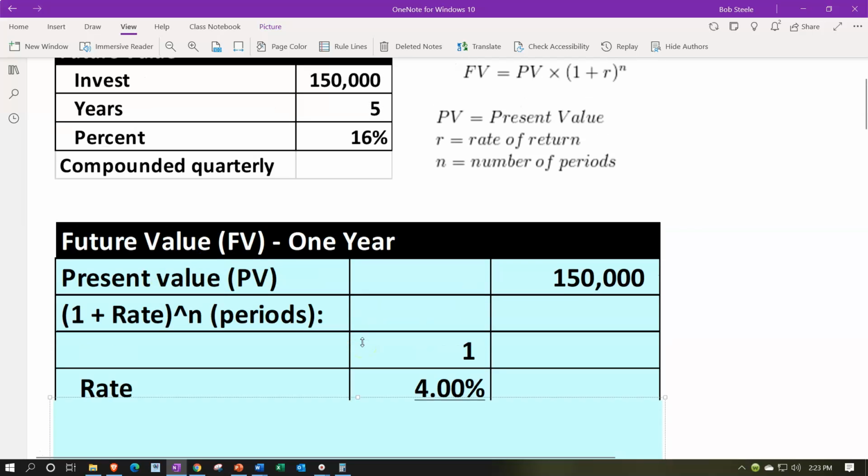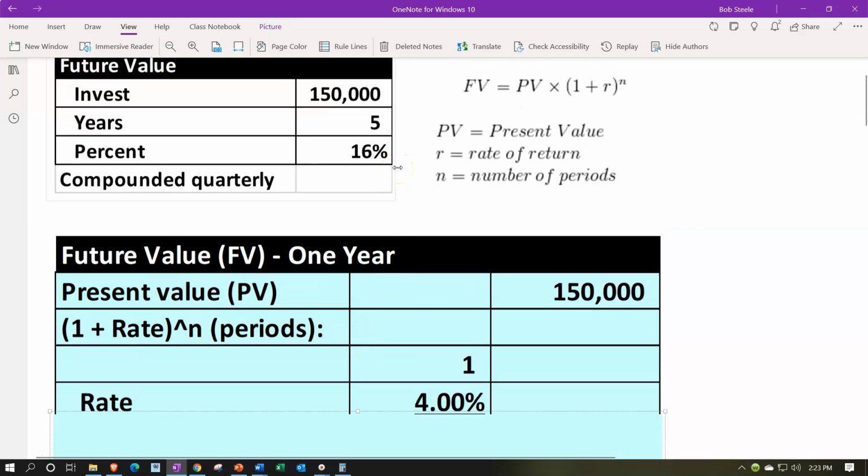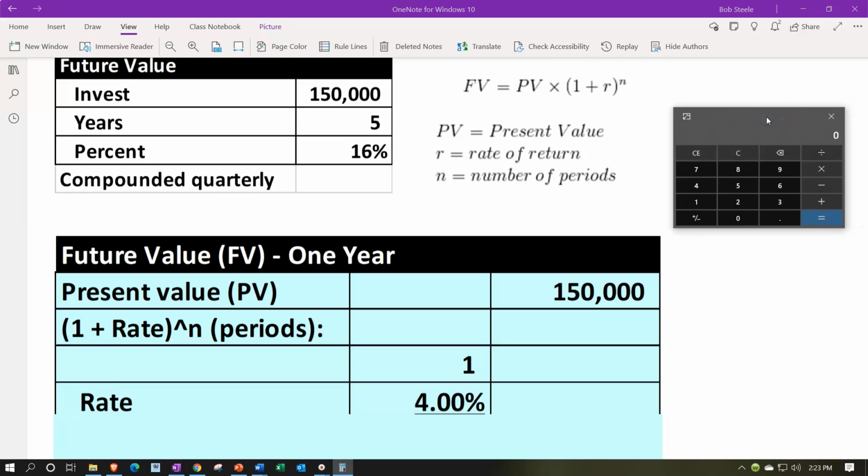This is where things get a little bit different because the percentage up here is 16%, and we're doing this quarterly. So note that normally when you hear percentages, they will be in terms of yearly percentages, and therefore we're going to have to break them down to the period that will be covered for us. In other words, the percent that we use needs to match the period that we're going to use.